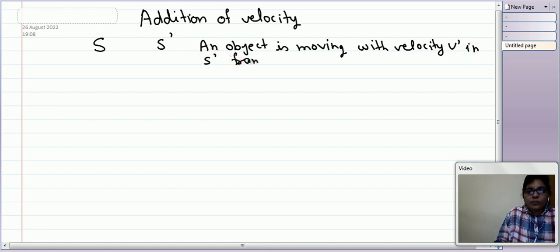Now this u dash velocity is different from the v velocity. So let us again recall our picture of the frames of reference.